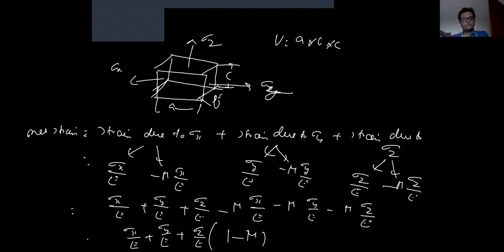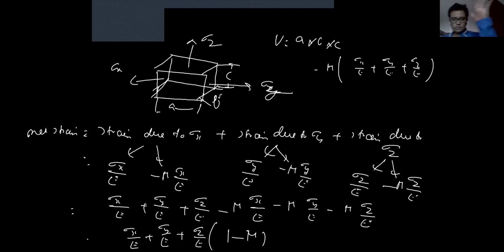Here will be sigma x, sigma y, and sigma z upon E, and this all will come outside and will become 1 minus mu, right?